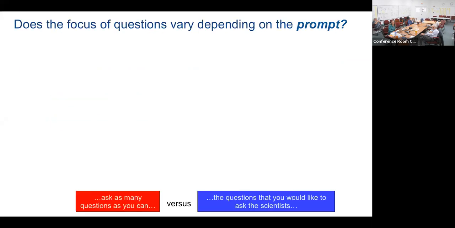Okay, so first, the focus of the questions. How does the focus of the questions vary depending on the prompt? And we have lots of fine print about this. I just plucked out a few things to point out to you that I thought might be intriguing. Remember that the choices of prompt are ask as many questions as you can versus the questions that you would like to ask the scientists.